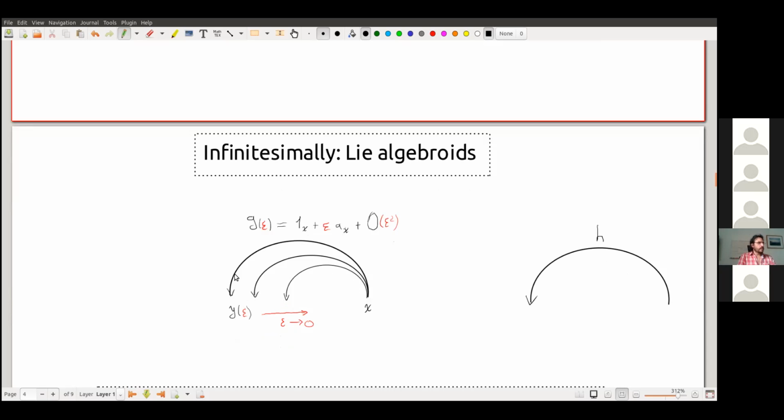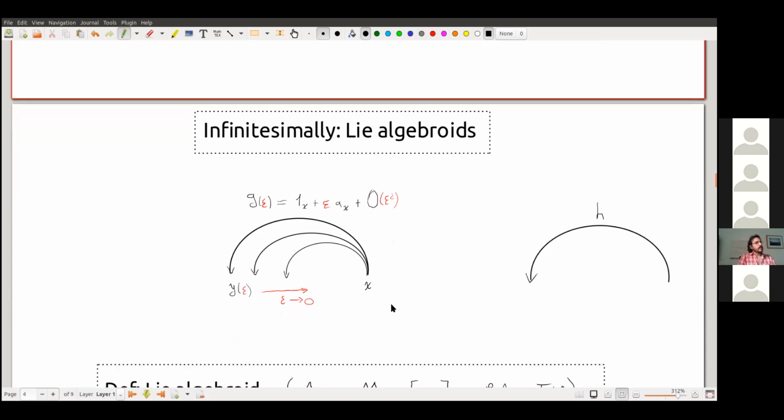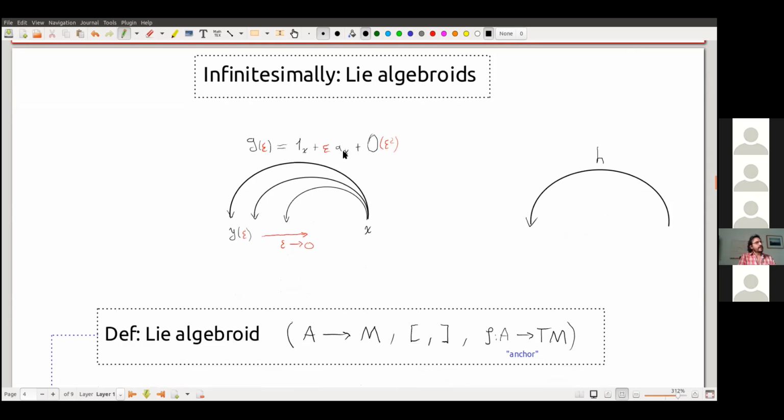So if you think of this picture for a little while, you can actually guess the definition of what a Lie algebroid is, and also how, given a Lie groupoid, you can associate a Lie algebroid, just as when you have a group, you can associate the Lie algebra. So this A sub x, for each x, you have first order linearized information. This becomes a bundle.